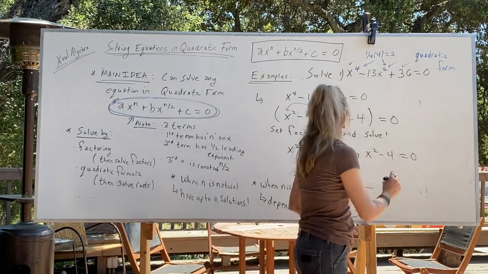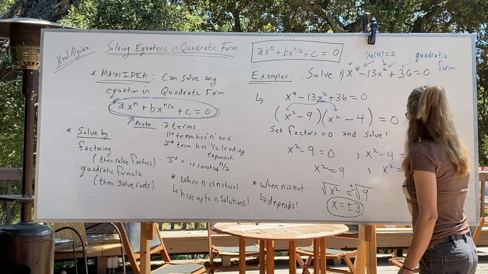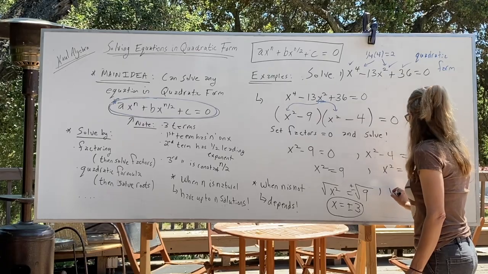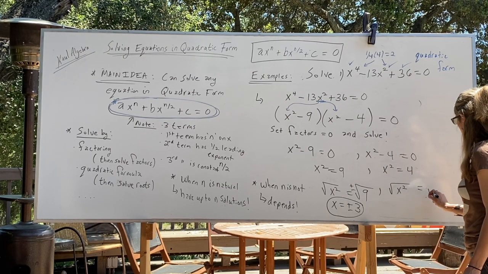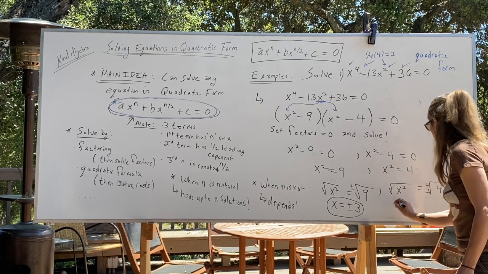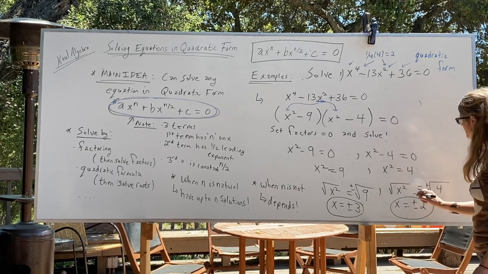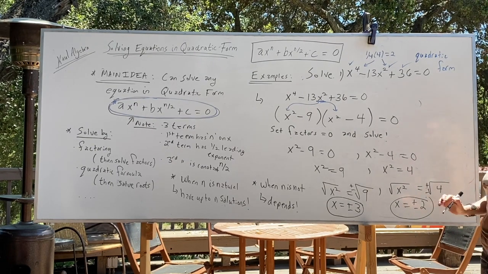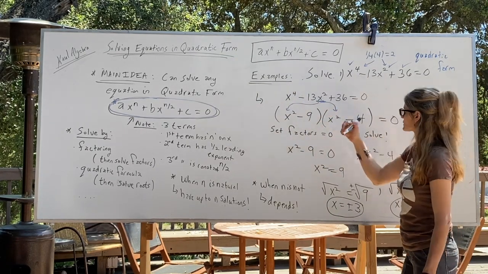The next factor I solve, I get x squared equals 4, and I take the square root of this side, take the square root of this side, and I get x equals plus or minus 2. I get another two solutions. So altogether, in this case, I get 4 solutions. So again, you get up to 4 solutions.